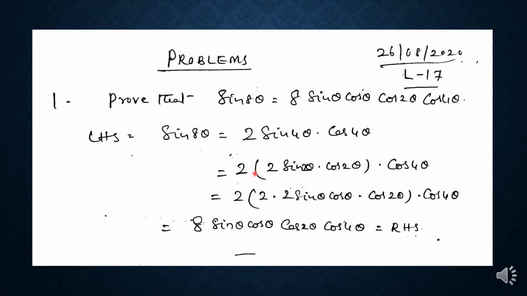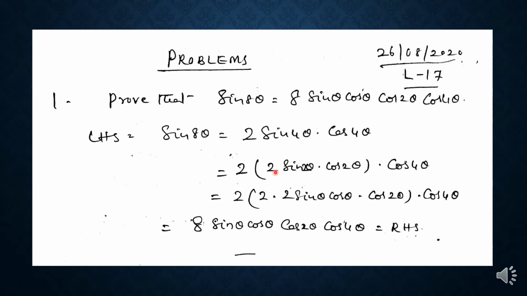Now this is equal to 2 into, again sin 4 theta can be written as sin of 2 into 2 theta. So this is also in the form of sin 2a, where a is equal to 2 theta here. So 2 sin 2 theta into cos 2 theta into cos 4 theta.